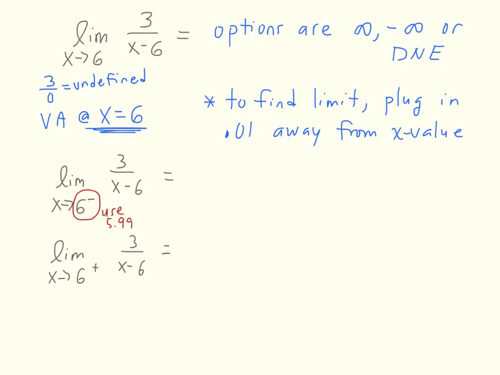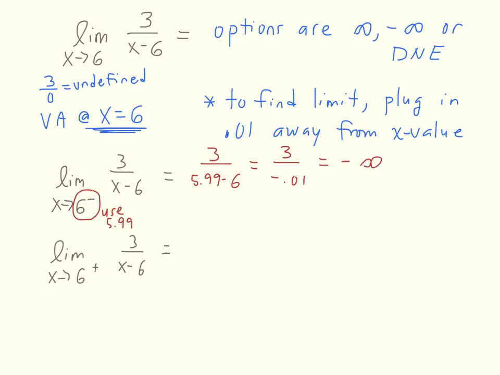So if I were to plug in 5.99 for x, we would end up with 3 over negative 0.01. And keep in mind that we could always get closer and closer to 6. It could be 5.99999, which would make this 3 over negative 0.00001, which is going to give you a very large but negative number. So in this case, we would have negative infinity.